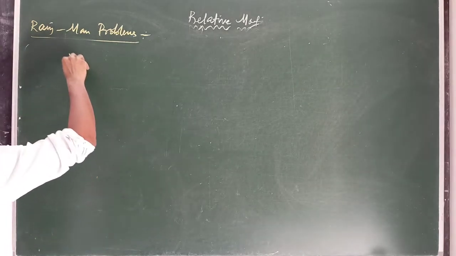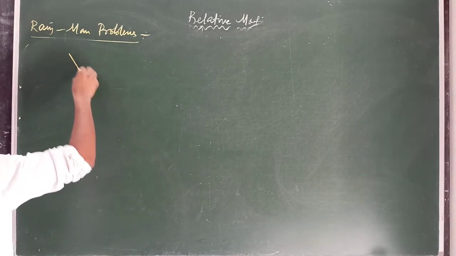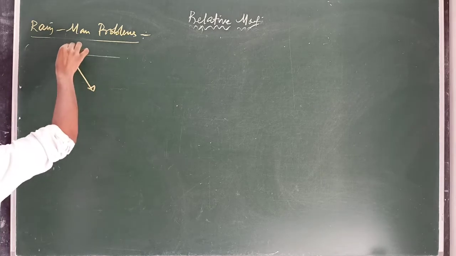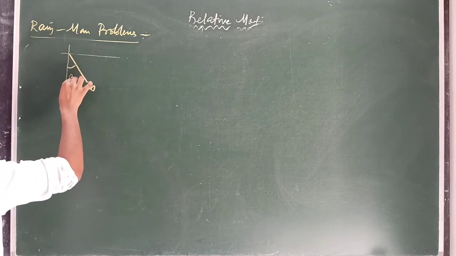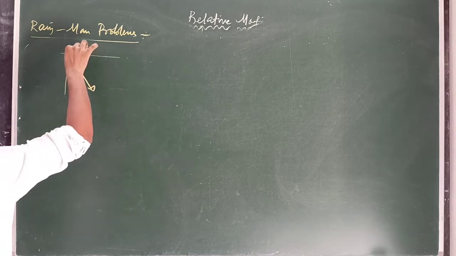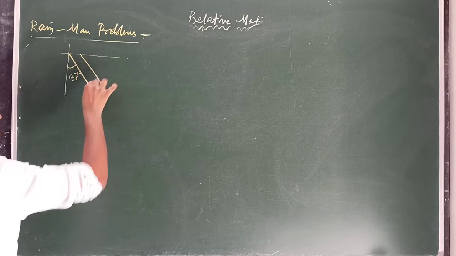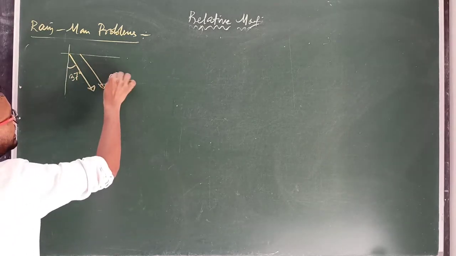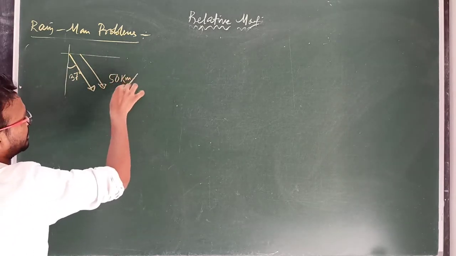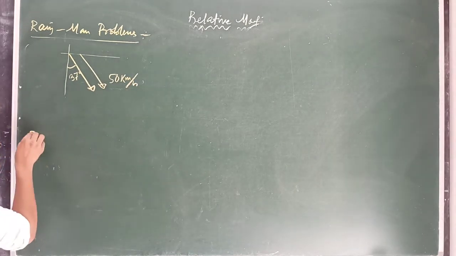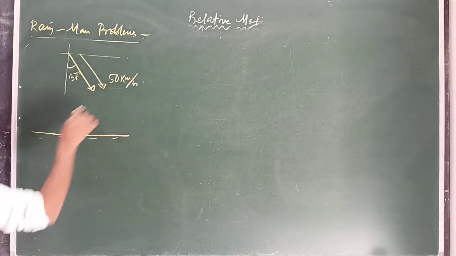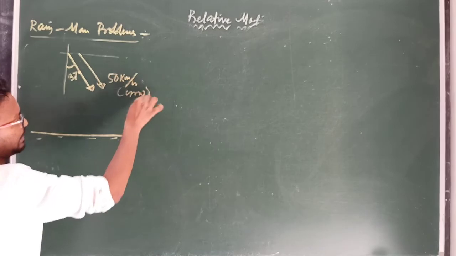Suppose rain is falling downward at a certain angle, and suppose this angle is 37 degrees. This is the direction of rain. Clear? And the velocity is here also 50 km per hour. This is the ground frame, and this is also with respect to ground.